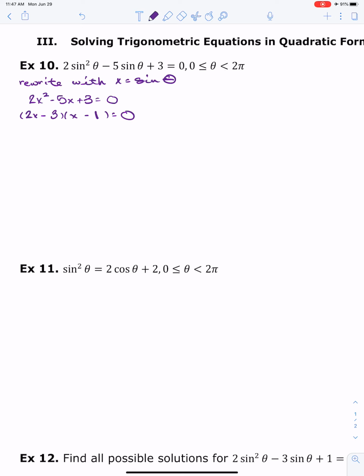That gives me a negative 2x minus 3x for that middle term. I get minus 5x. Okay, so both of these multiplied together equals 0, which means that either 2x minus 3 equals 0 or x minus 1 equals 0. When I solve here, I get x equals positive 3/2, or x equals 1.